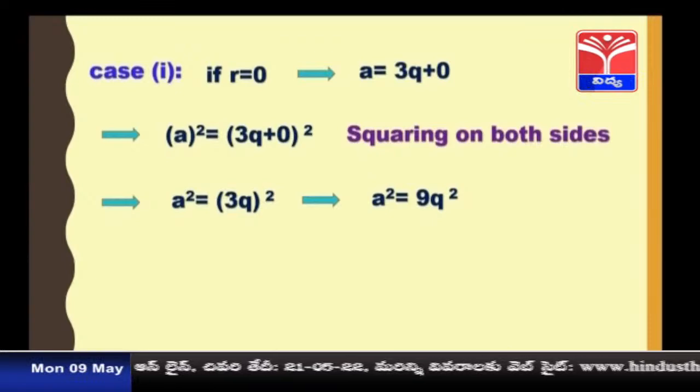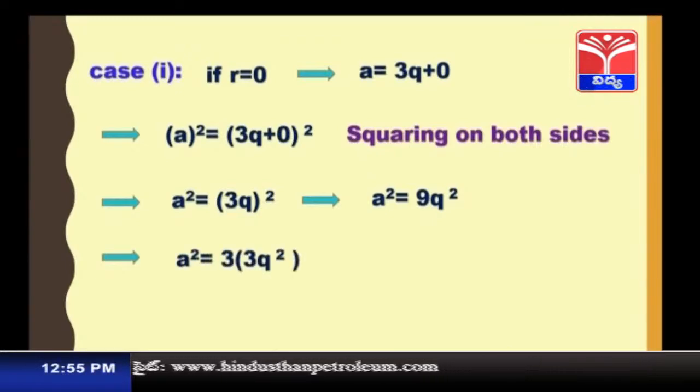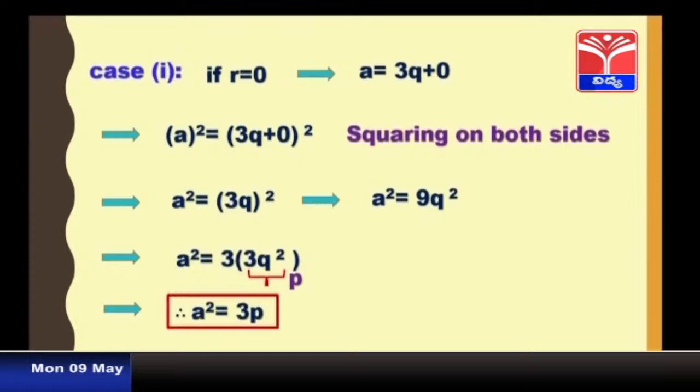So 9q square I can adjust like a square is equal to 3 into 3q square, by taking 3 as common, and 3q square I am considering as p.